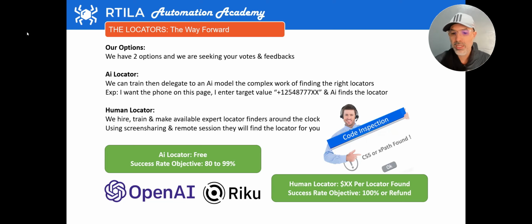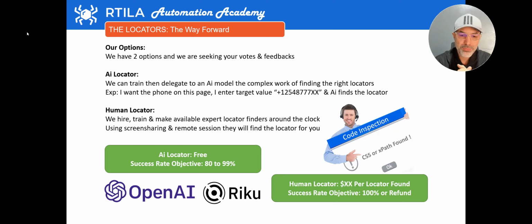Then you could click start a live session, a remote session. You show our expert what's going on. They get what you mean. They go, they find the locator, and they tell you, okay, use this locator or this XPath. Let's test together, get the data. And then you solve your problem, and then we put a 100% result guaranteed or a refund.